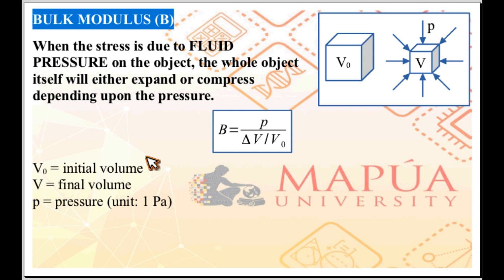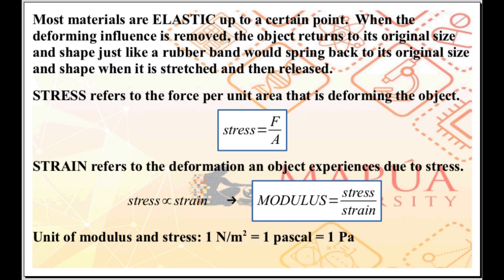So again, we have stress and strain. Stress is the deforming influence. Strain is the effect of stress. Stress is proportional to the strain that it produces. Modulus is the constant of proportionality. Modulus is equal to stress over strain.